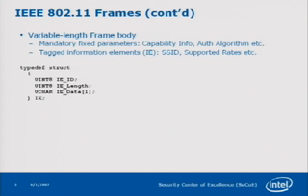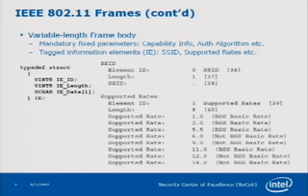It contains the ID of the information element, the length of the information element, and the contents of that element. So it is clearly a type-length-value structure. You can see two examples of information elements that can be present in the wireless LAN frames, SSID and supported rates.